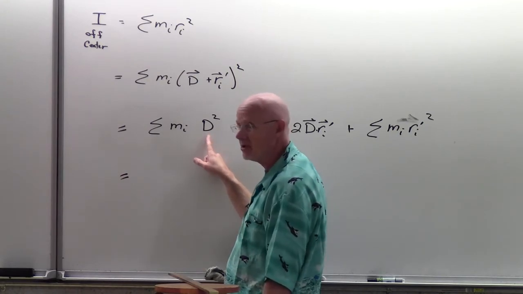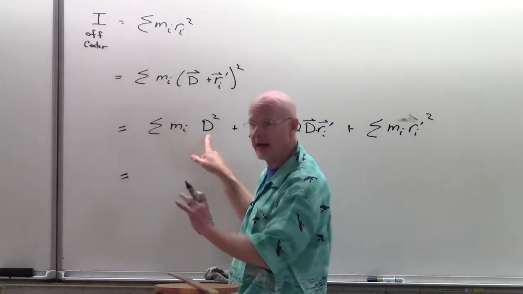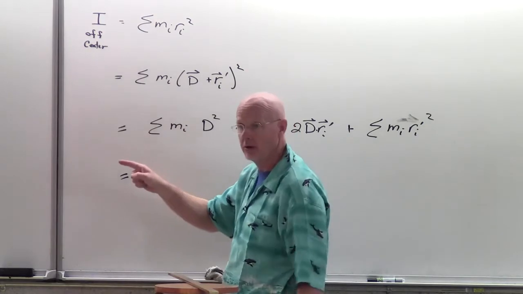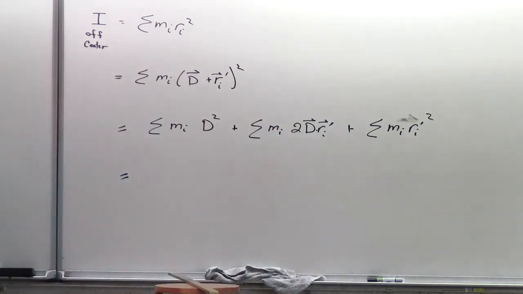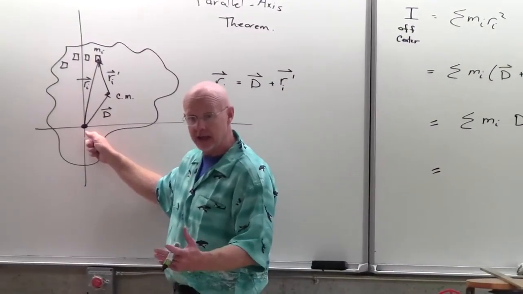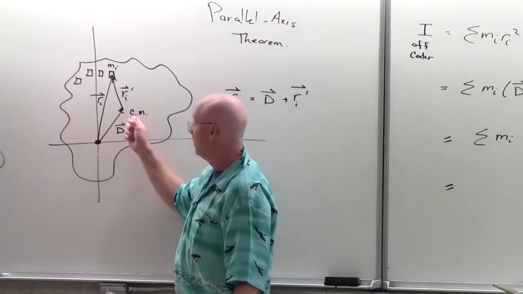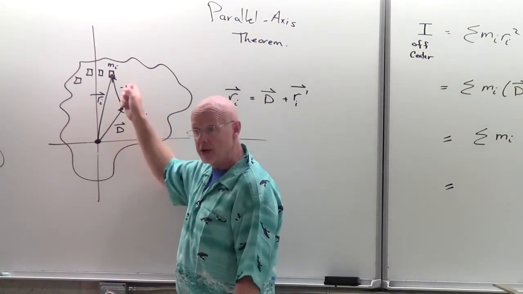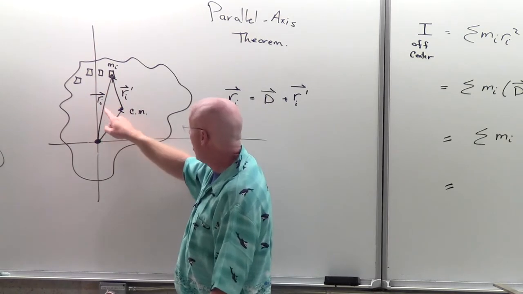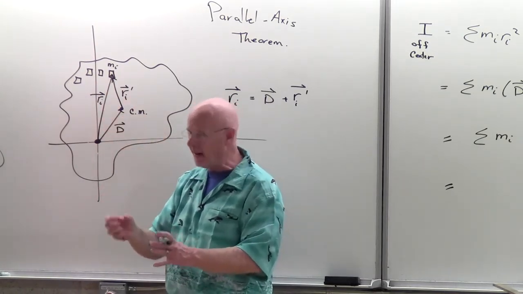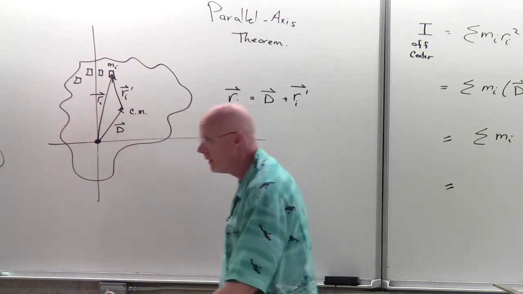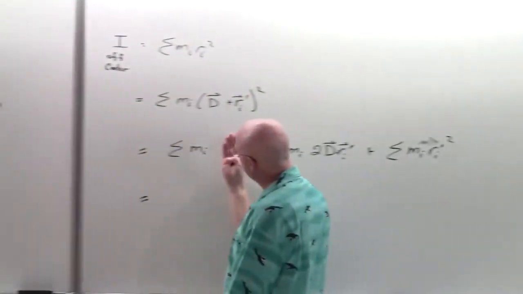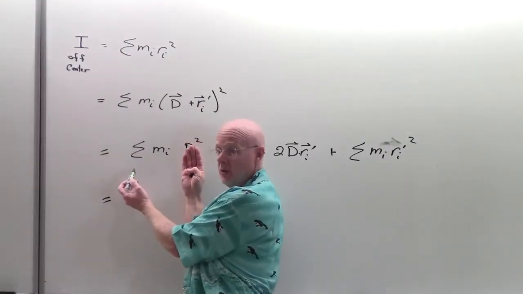Well, d never changes. You can add up all the chunks of mass in here, but d is the distance from this new rotational axis you're trying to discover to the center. And so as you add up all the chunks, the r and the r prime are changing, but not the d. So factoring out the d, what does this mean to you?